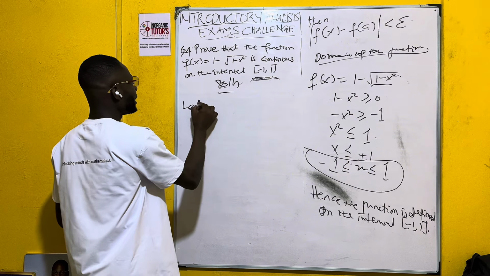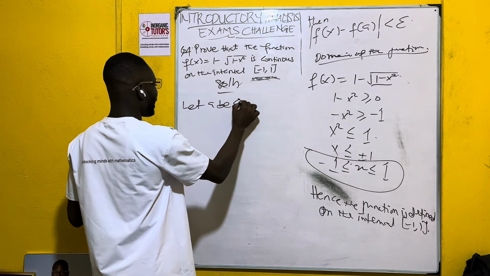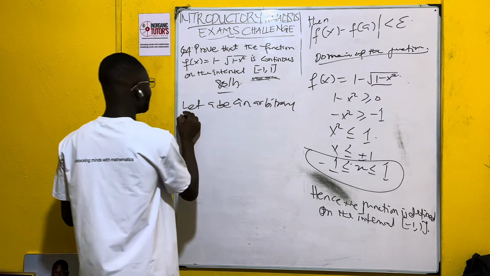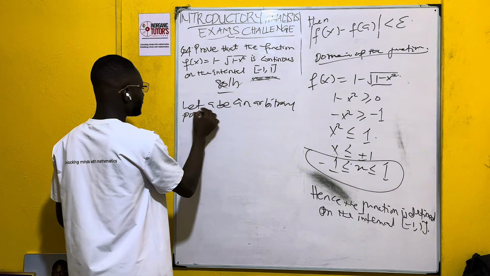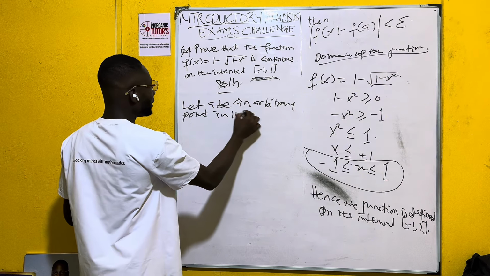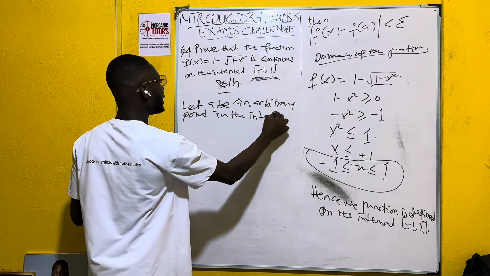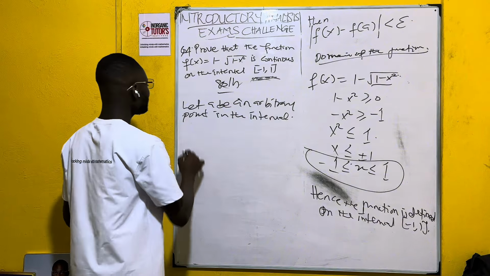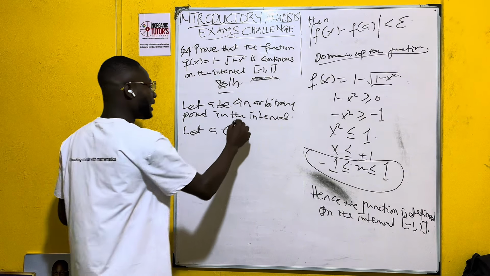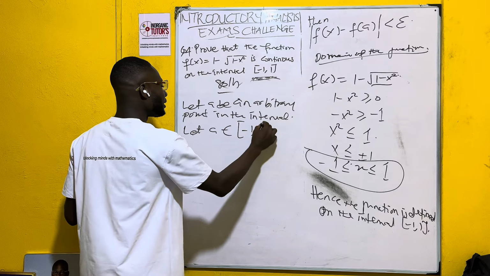So we let a be an arbitrary point in the interval. You let a be a member of the interval -1 and +1.